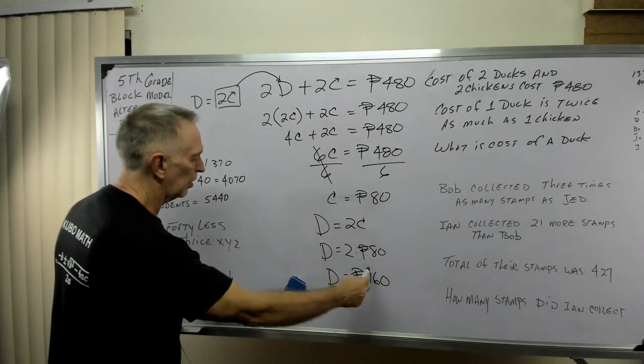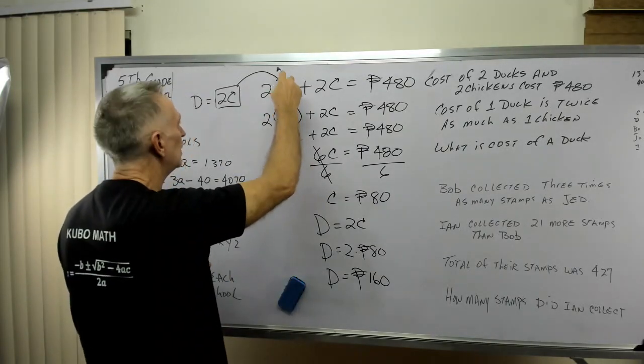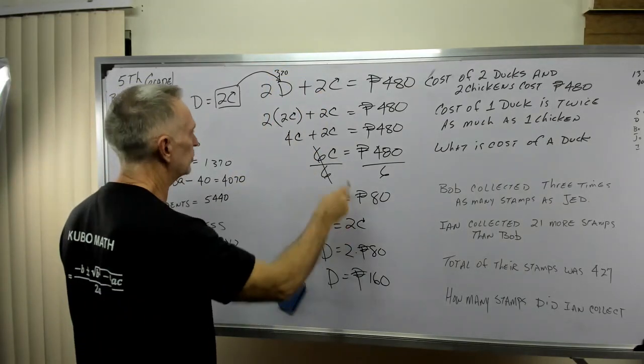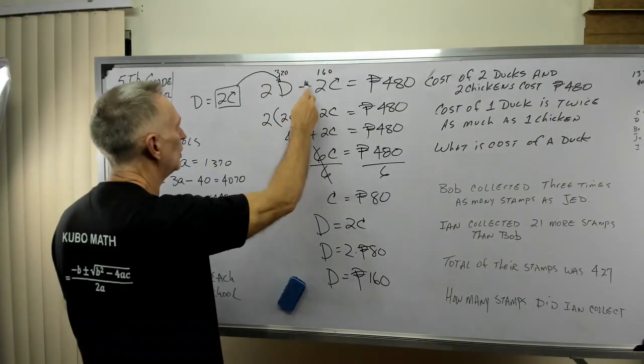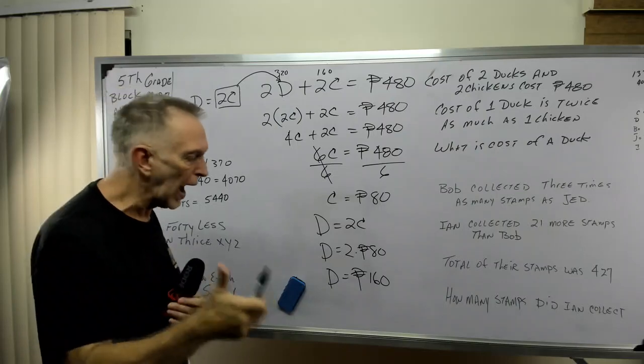Now I'll let you plug that back in, because 2 times 160 would be 320, plus 2 times a chicken at 80 would be 160, so 320 plus 160 gives you 480. So that's correct.